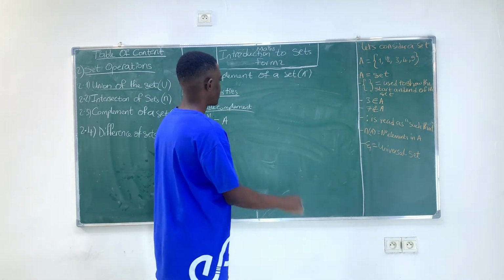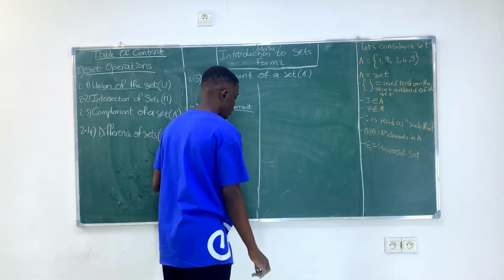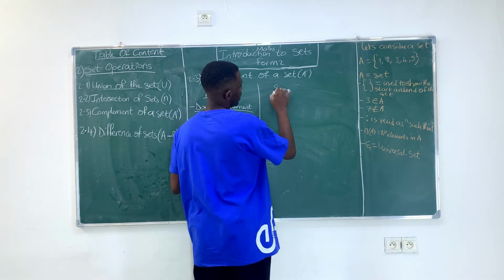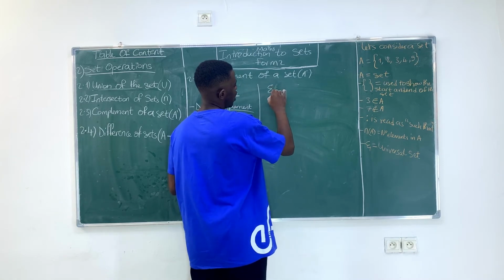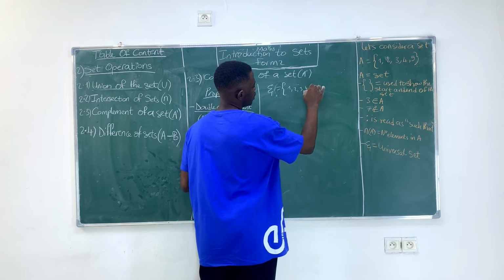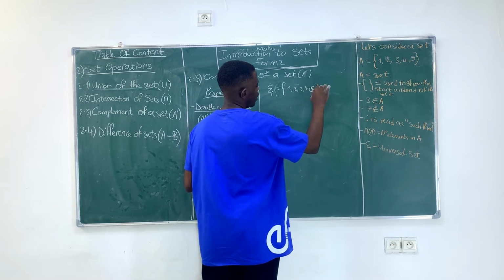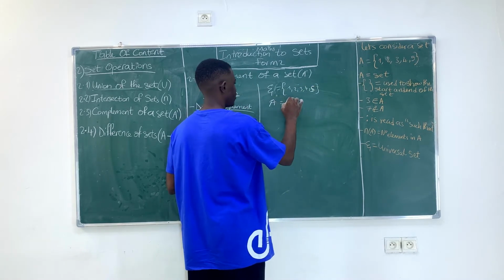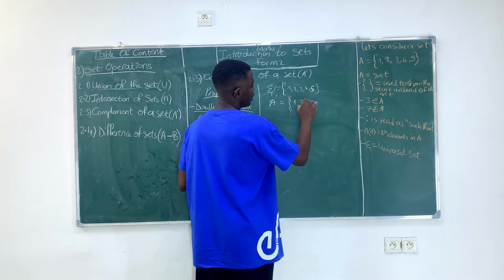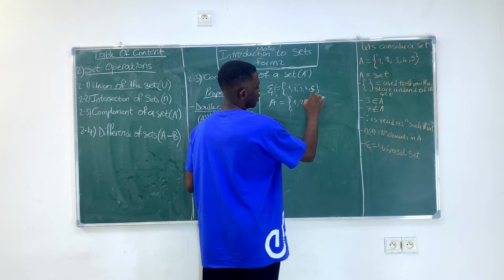Shall we prove it? Let's try proving it here. Let's imagine we have our universal set Zeta, 1 to 5, and our A is just 1, 2, and 3.